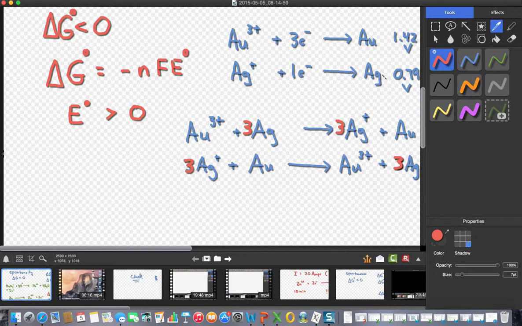We can use these reduction potentials to predict which of these two reactions will be spontaneous.